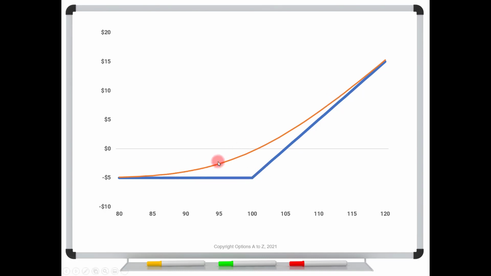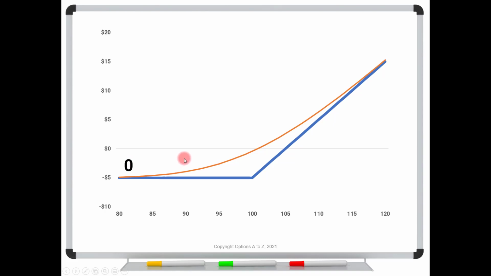So this might be our risk graph, maybe with 30 days to expiration. And because of that, we can get a variation in our deltas. Let's say the stock is way out here near 80 prior to expiration. Again, 30 days to expiration. Delta is probably going to be very close to 0. Maybe 5, maybe 10, depending on a number of factors, but it's going to be super low.